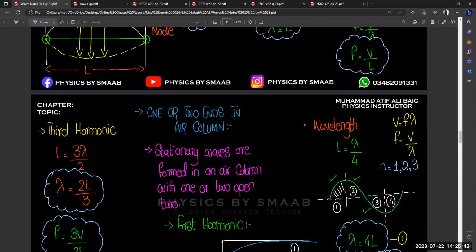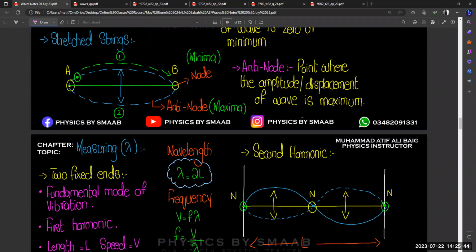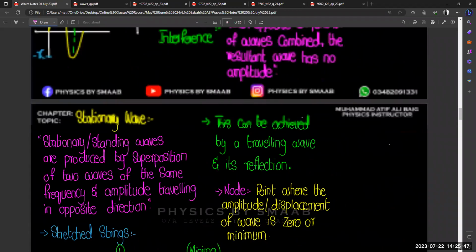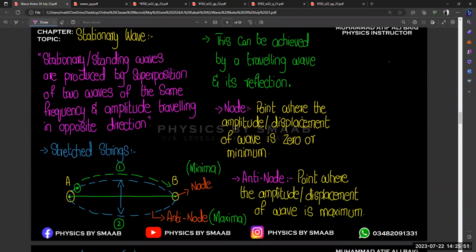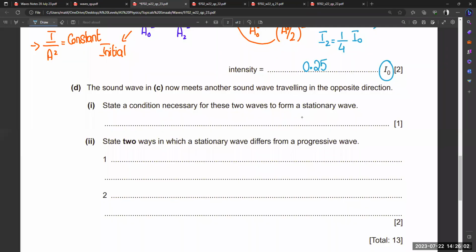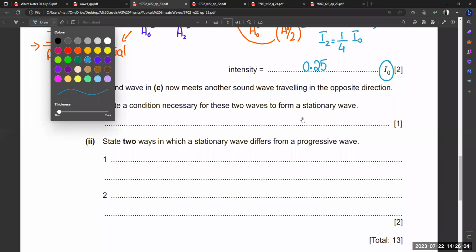If you remember, we studied the monochromatic concept, and yes, this is the condition. Stationary standing waves are produced by superposition of two waves of the same frequency or amplitude traveling in opposite directions, right? So these are the conditions to form stationary or standing waves.